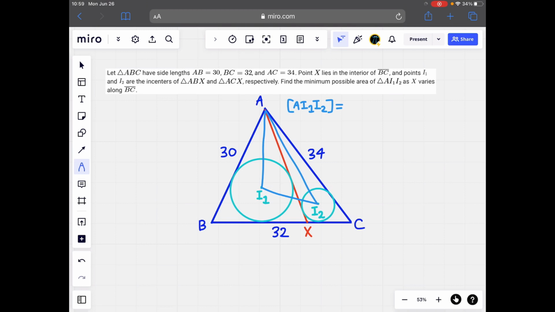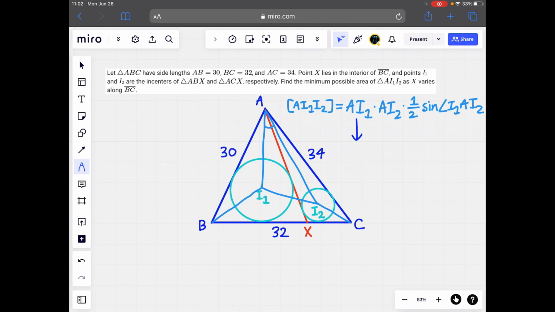The area of triangle AI1I2 is equal to AI1 times AI2 times 1/2 the sine of the angle I1AI2. We first have to find AI1 and AI2 using the law of sines.